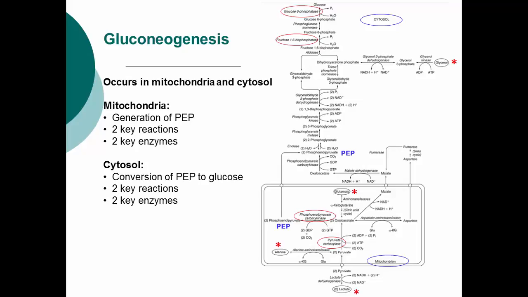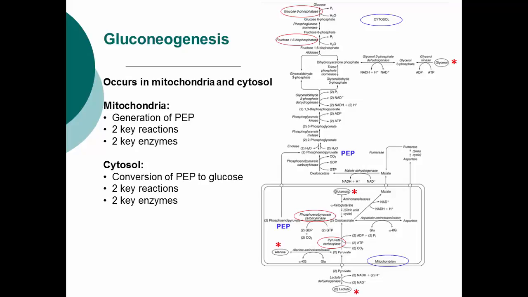Pyruvate is going to complete all the reactions, but if the substrate is amino acids, the process could be a little bit different. For example, with glutamate, they actually bypass the first reaction and only have one reaction in the mitochondria.